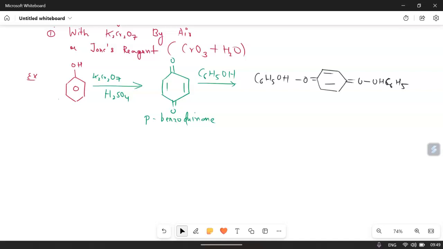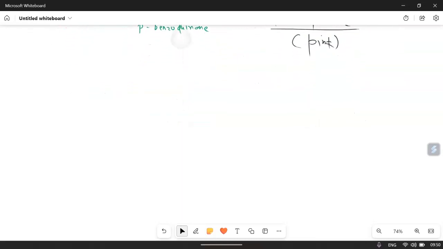So the next reaction which we are going to discuss in this part is the second part of the reaction.